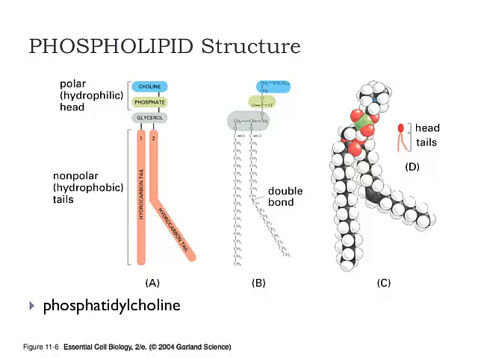So the head is made up always of glycerol and a phosphate group, and then it could have another group. The most common phospholipid in our membranes is phosphatidylcholine, which has a choline attached to the phosphate.